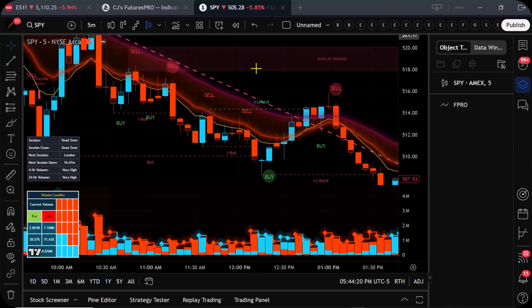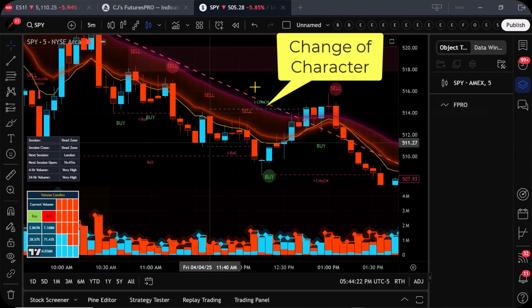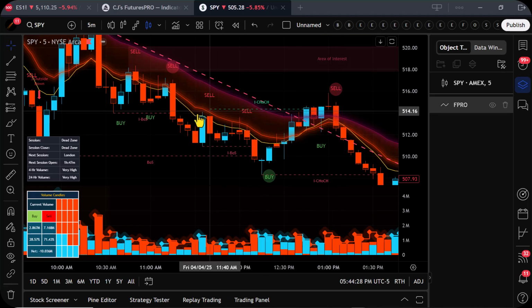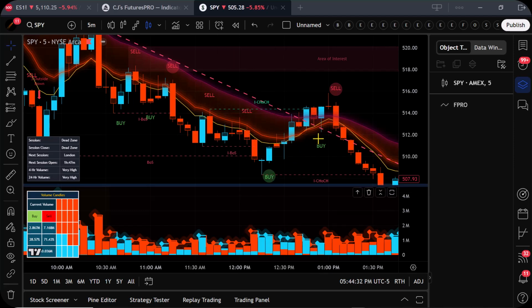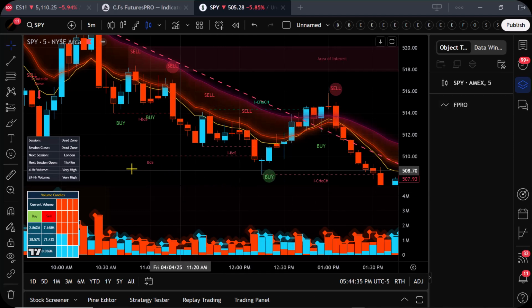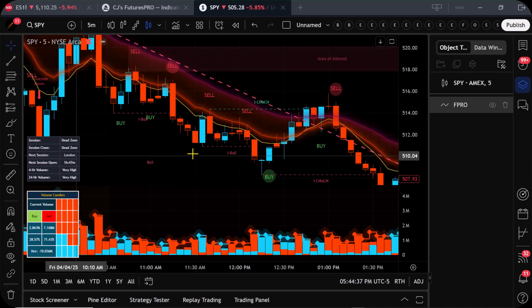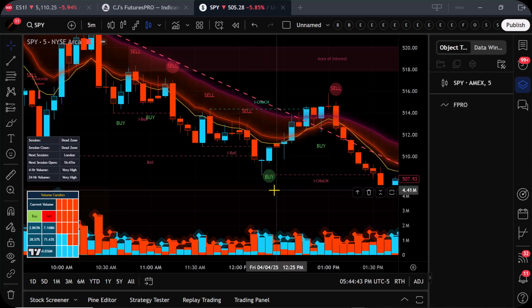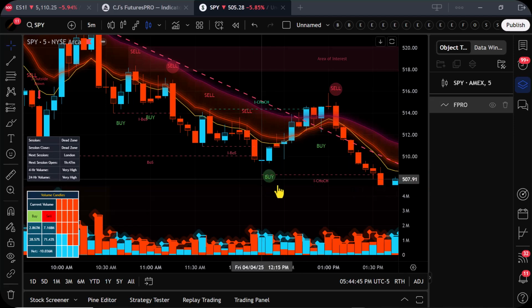Keep moving to the left. Here is a change of character, which means that it has not broken, but the character has changed here from a downtrend to an uptrend. Here you have a break of structure from here, according to this, but it broke briefly underneath, and here we have a confirmed buy signal signified by the circle around it.